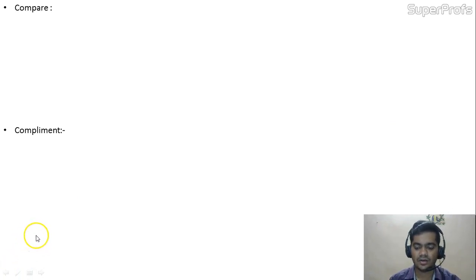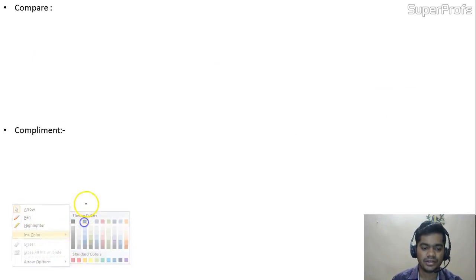Now you can see how we are going to perform the compare operation. If we want to compare, there are some points regarding the compare operation.